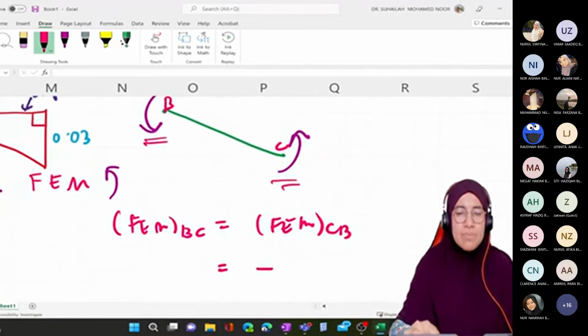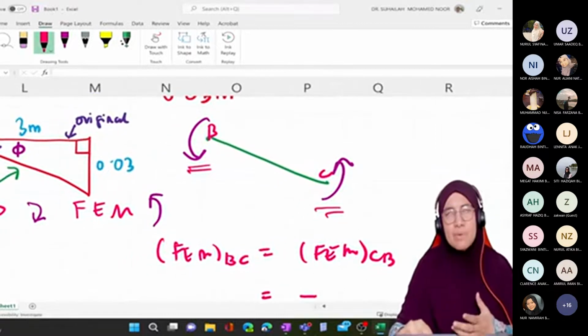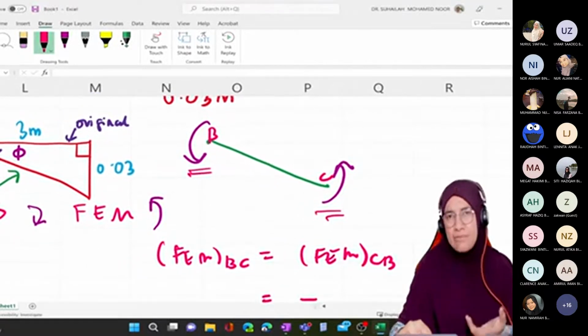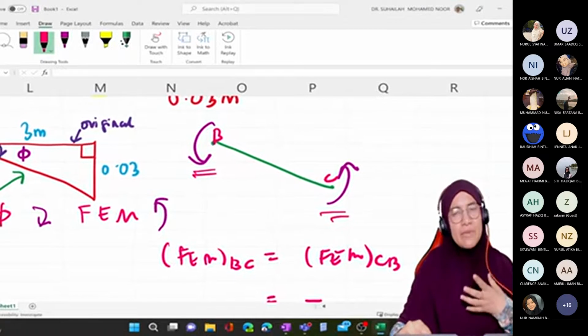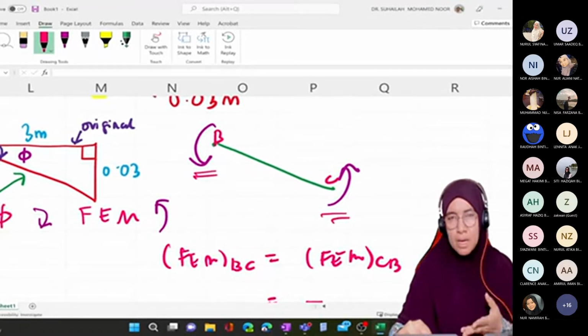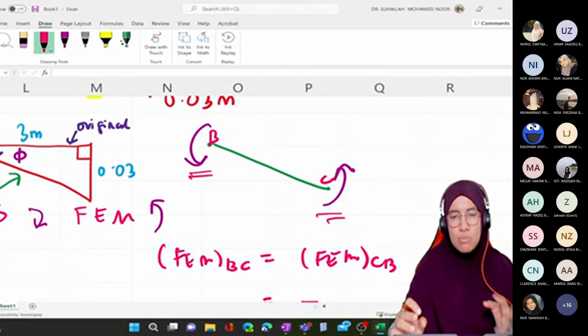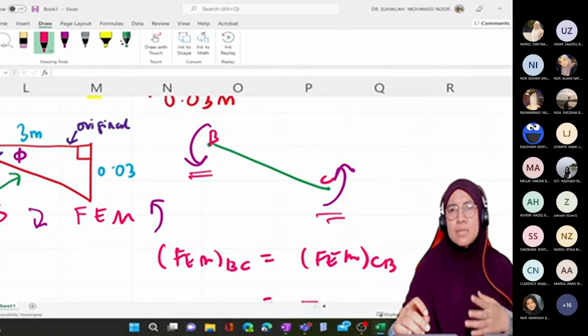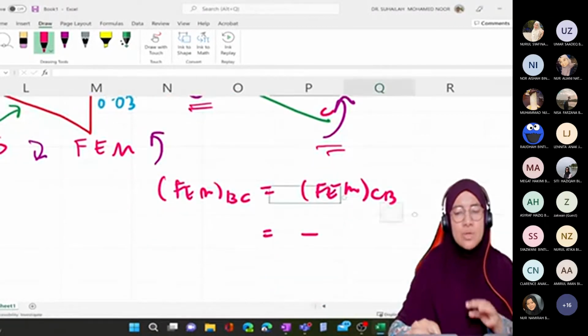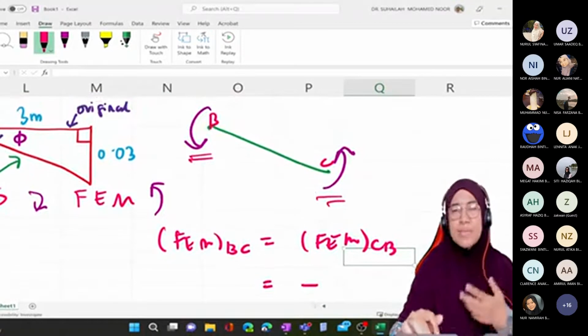Negative because of the behavior. The FEM's behavior is to push both ends to move back to its original position. So we put negative because of the behavior.